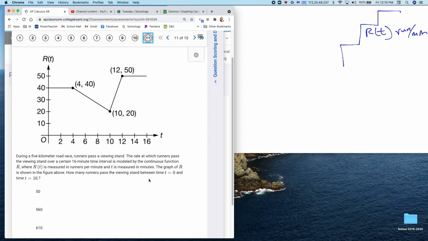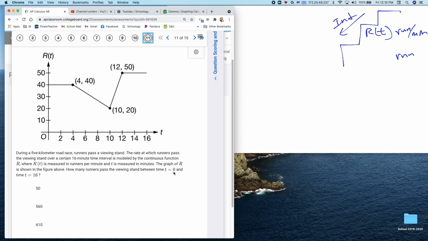How many runners passed? Well, if this is in runners per minute, this would be in runners, and we're going to integrate to go down there, which means finding the area between the curves. So if we're trying to figure this out between 0 and 16, we're just going to add up these areas.